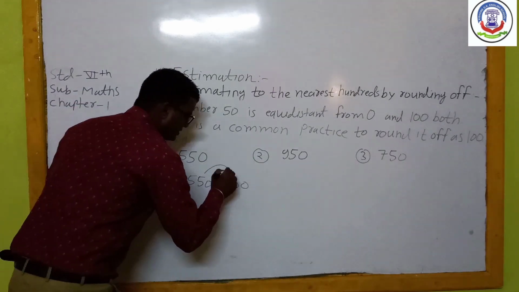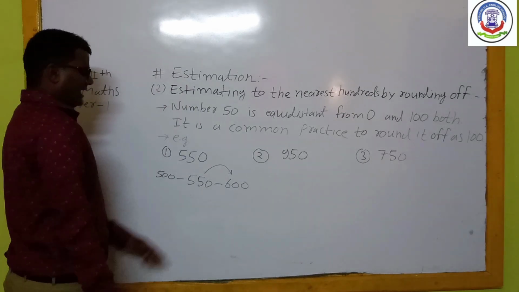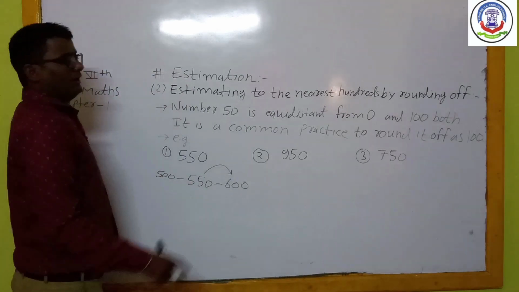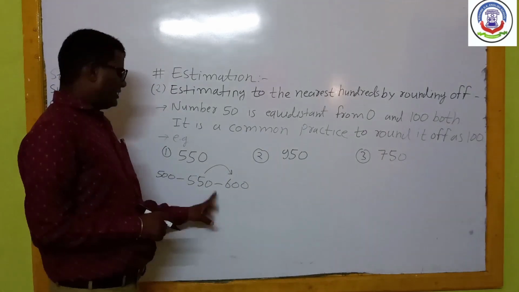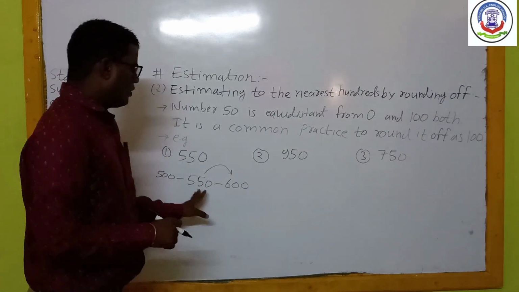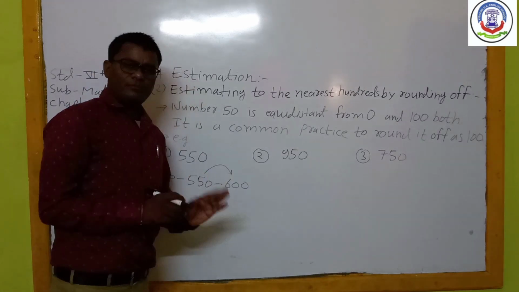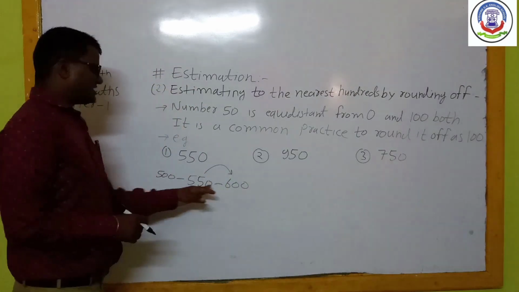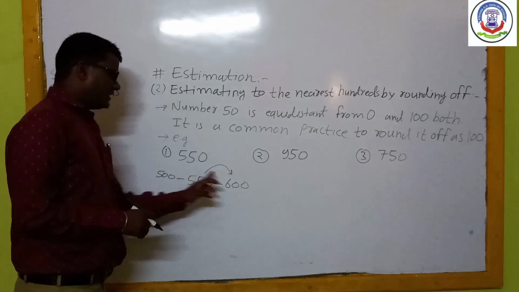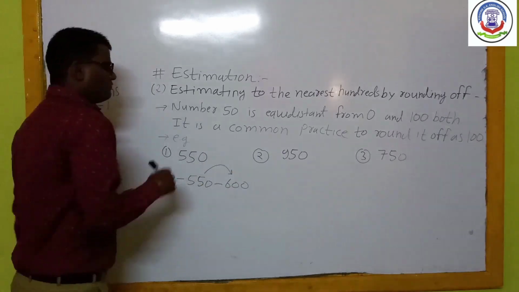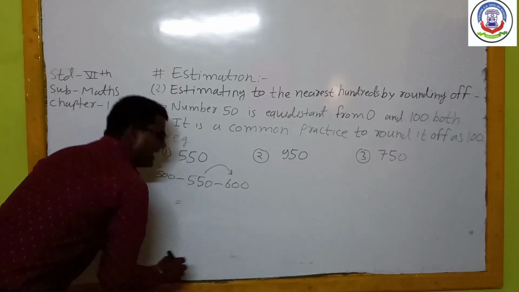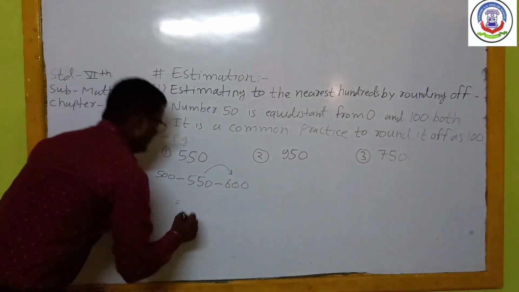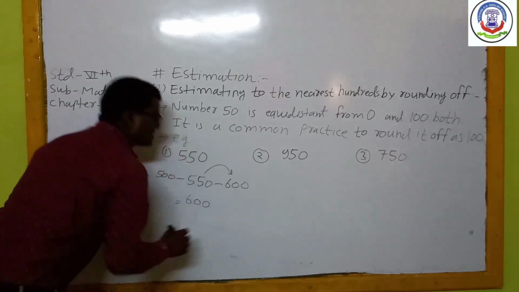It is nearer to 600 and also it is nearer to 500. But remember that we have to round it off up to the maximum number. Okay, and the maximum number between 500 and 600 is 600. So we will round it off as 600. So our required rounded off number of 550 will become 600.